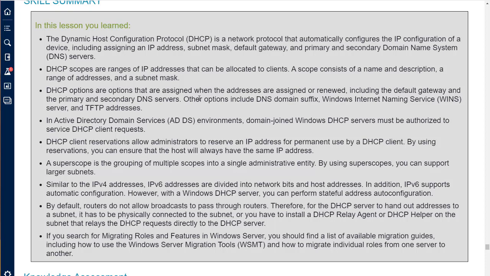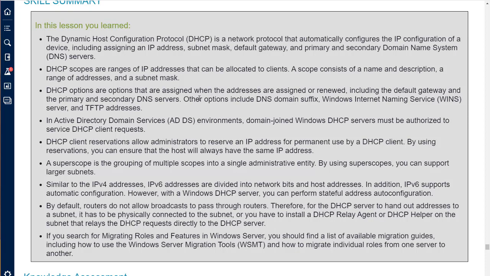The scope consists of a name, a description, range of addresses, and subnet mask. Options are assigned when the addresses are assigned or renewed. This can include default gateway, that's your router, primary, secondary DNS servers. Other options might include the DNS domain suffix, WINS, TFTP addresses, and so on.